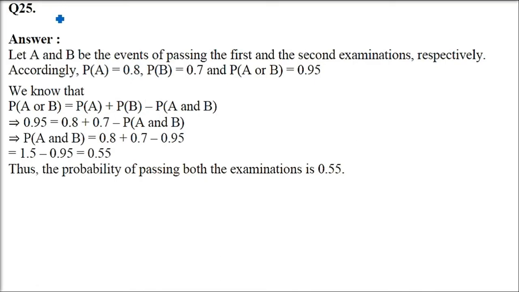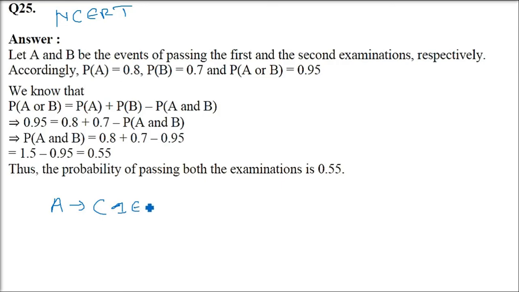Question number 25. Now these 25th and 26th questions are both NCERT questions. So we are taking the 25th. In an entrance test that is graded on the basis of 2 examinations, the probability of a randomly chosen student passing the first examination is 0.8. So it's clear that there will be 2 events because there are 2 examinations.